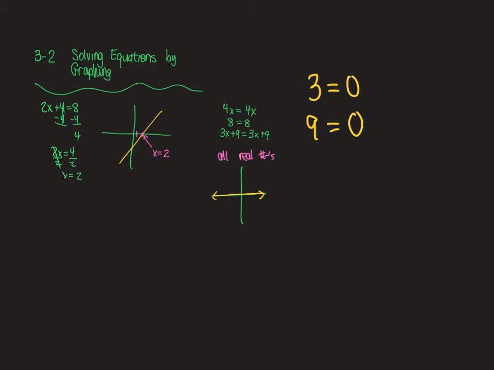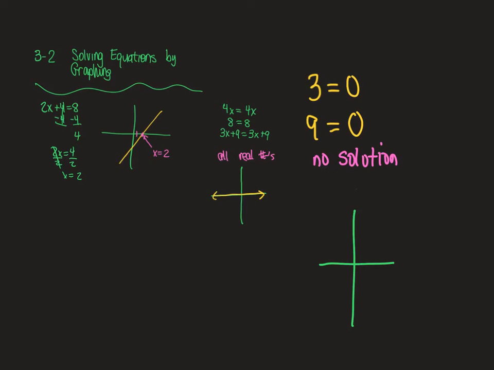All right, do you remember the equations where when we got done, the left and the right were numbers, but they didn't match each other? And we said that was no solution. So what would a no solution look like on a graph? Let's recap. If you end up with one answer, it crosses once. All answers, it is the x-axis.